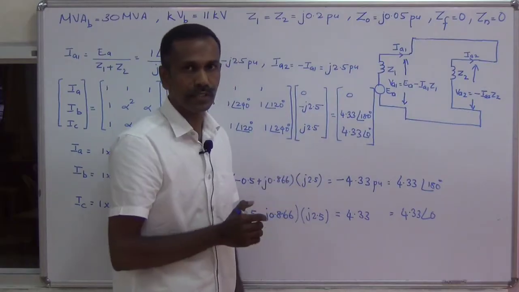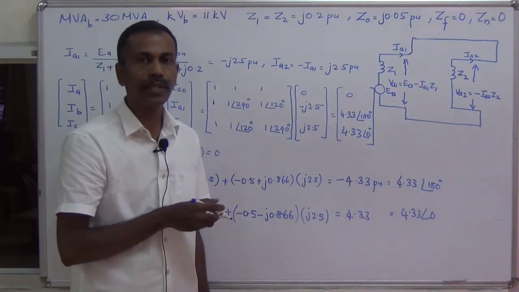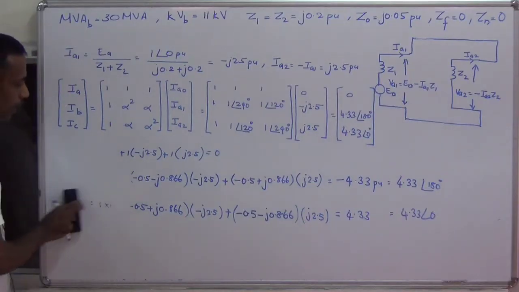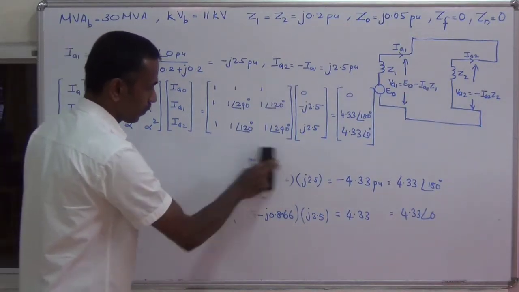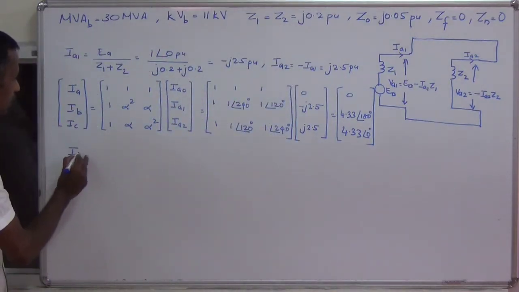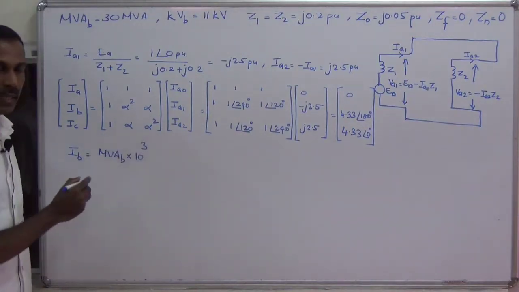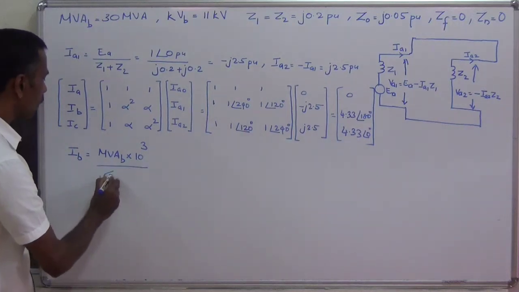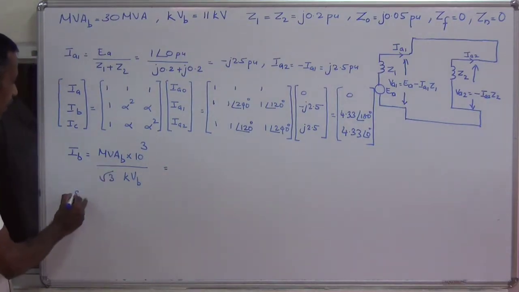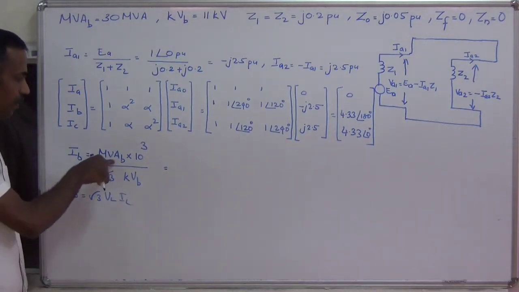These are in per unit quantities. We need to convert these per unit currents into actual current. As you know, actual current equals the per unit current into base current. Now let's find out the base current. The base current equals MVA base into 10 raised to 3 divided by root 3 into kV base. This is the formula we are using: S equals root 3 VL IL, where S is the apparent power in volt amperes.